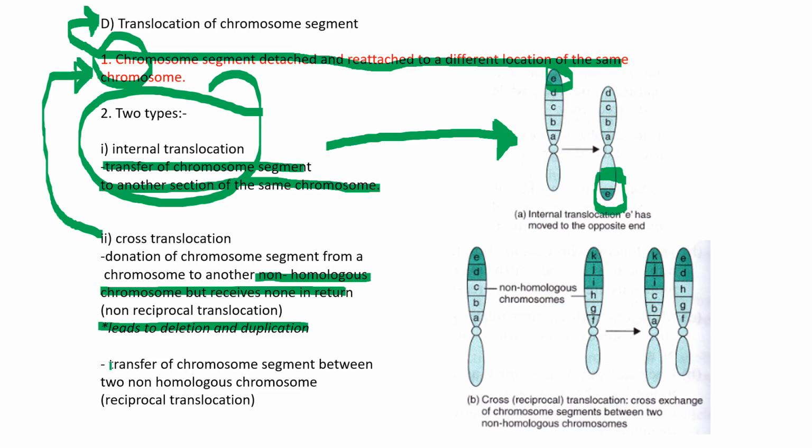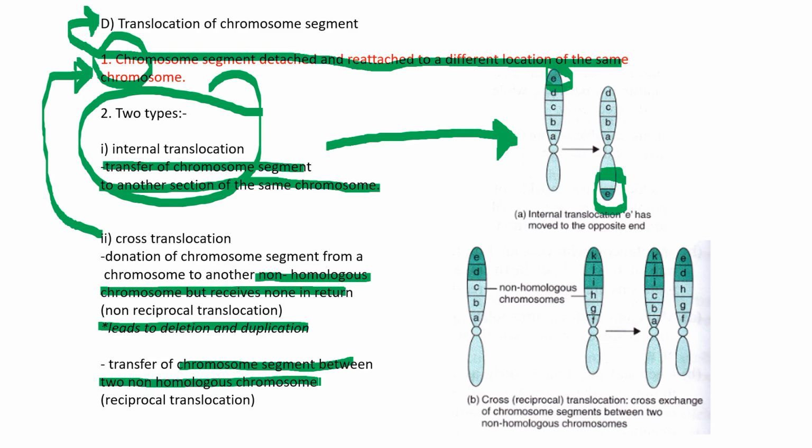Now another type of cross translocation is the reciprocal translocation, which is the transfer of chromosome segment between two non-homologous chromosomes. So two non-homologous chromosomes transfer their segments. One transfers and receives, the other receives and then transfers.